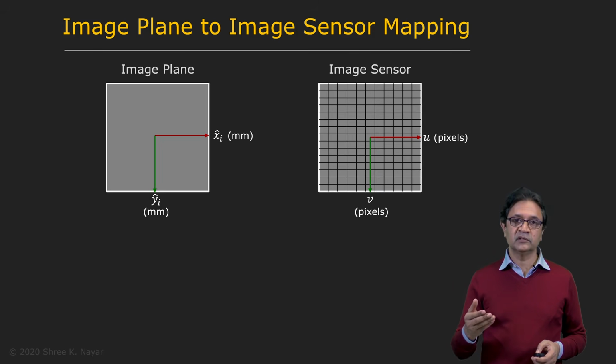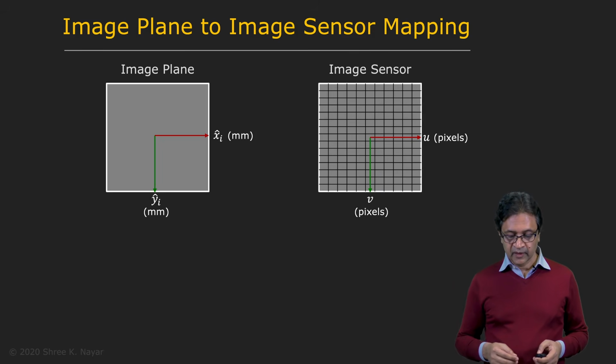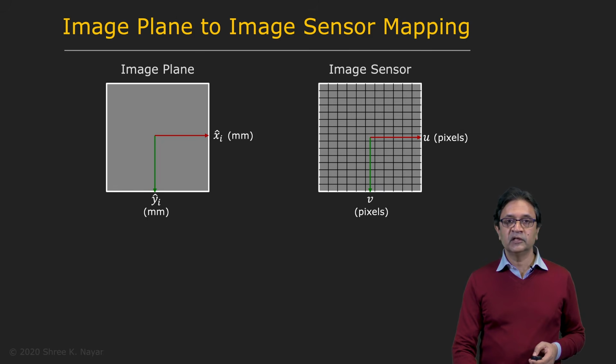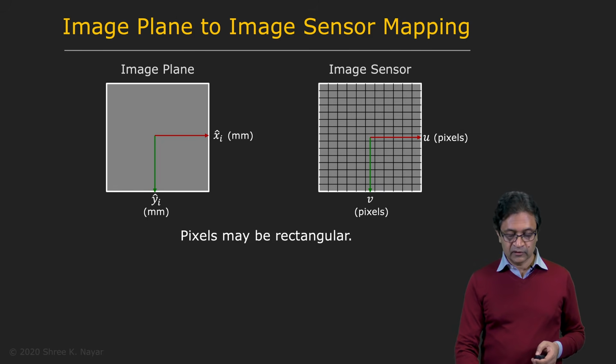And this image sensor, we know, has pixels. So we have pixel coordinates u and v, and we have to figure out the mapping from the image coordinates here in millimeters to pixels. In addition, we have to keep in mind that there is no reason to believe that the pixels are square. The pixels themselves could be rectangular.